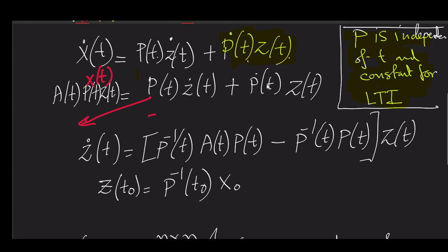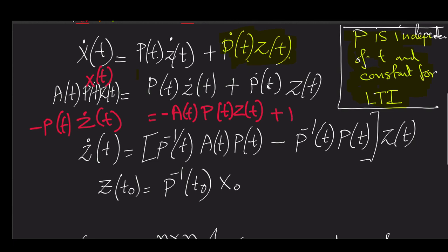We are keeping P(t) z dot(t) on the left side, and the other terms are like A(t) P(t) z(t) minus P dot(t) z(t).